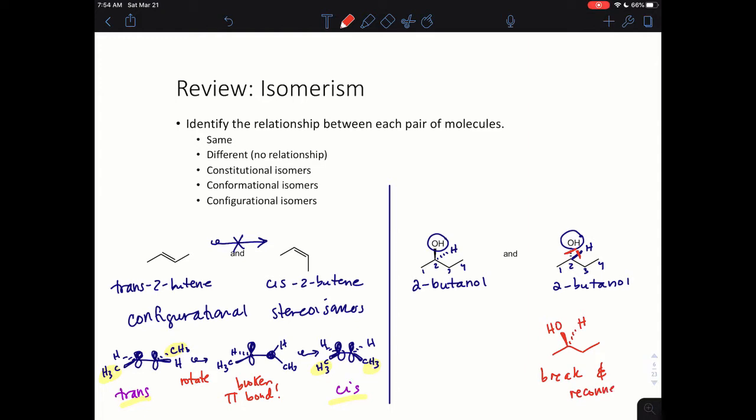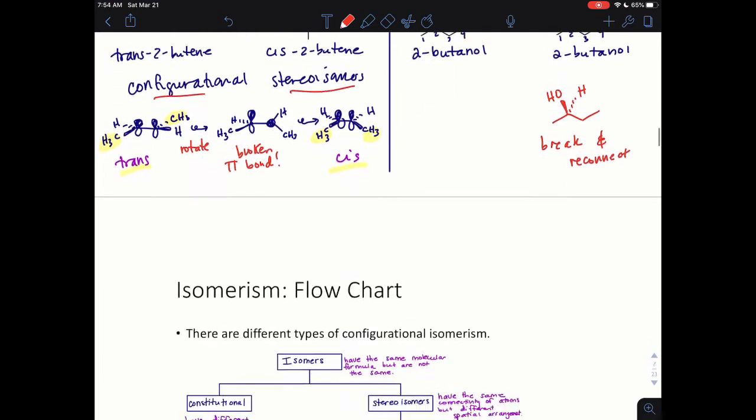And so if I have to break the bonds to interconvert, then these two are some sort of configurational isomer. Okay, so we have two sets of configurational stereoisomers here.